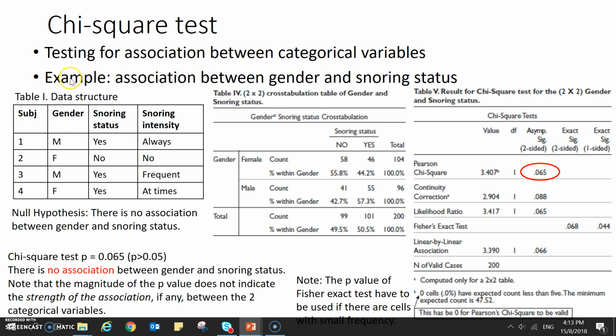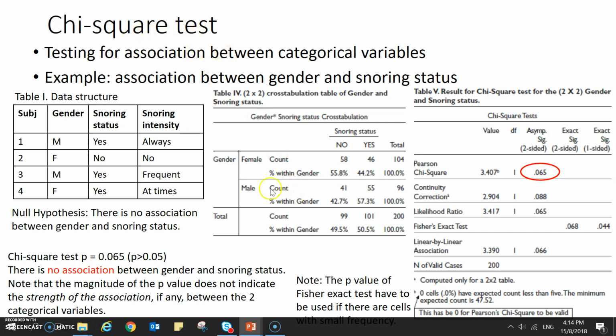For example, if we want to see whether there's association between gender and snoring status, we have a record of various subjects in terms of their gender and whether or not they snore. The null hypothesis is that there is no association between gender and snoring status. Of course, the alternative hypothesis would be that there is an association between gender and snoring status.